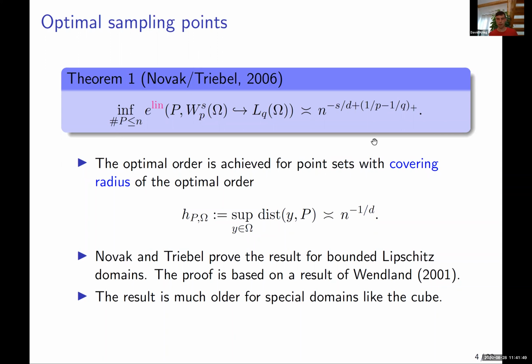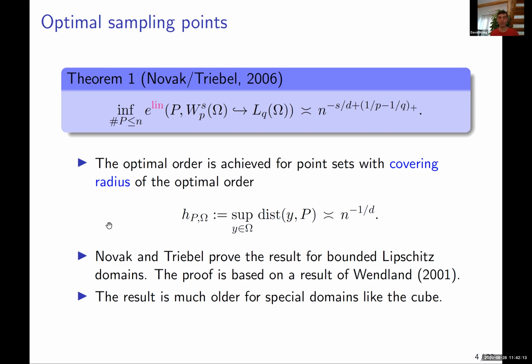If you look at the paper of these authors, then you see even more. You see that they also prove that the optimal order is achieved for point sets with covering radius of order n to the minus 1 over d.